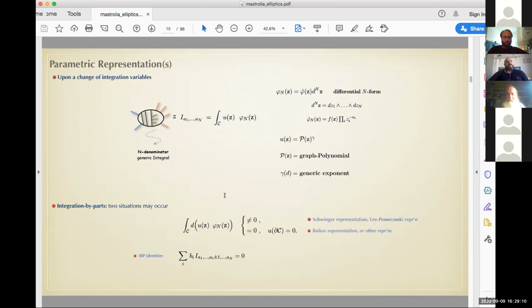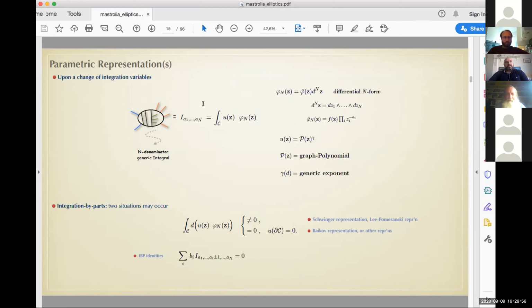In a different representation, a parametric representation, upon changing variables from momentum representation to a set of different coordinates, a Feynman integral can be represented as an integral over a bounded volume, and the integrand is characterized by two elements: a multivalued function that we call u, which corresponds to a graph polynomial in a generic representation, and a multivalued differential n-form that is simply the form you generate from the inverse product of denominators.